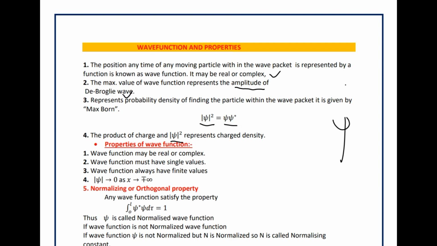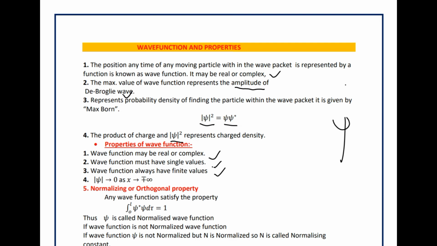Properties: wave function may be real or complex. Wave function must have single values. Wave function always has finite values. Wave function tends to 0 if x tends to plus minus infinity.